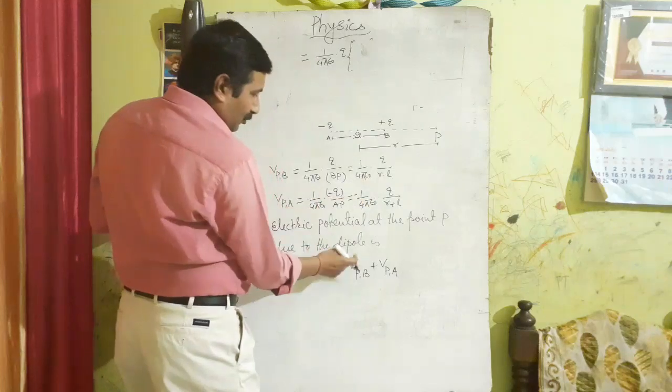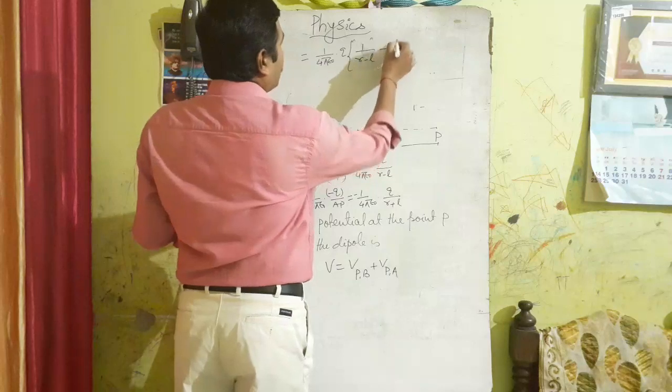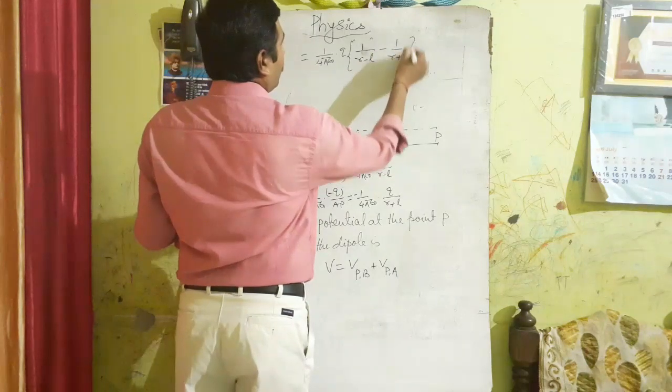With the minus sign, VPB will be written first: 1 by r minus l minus 1 by r plus l.